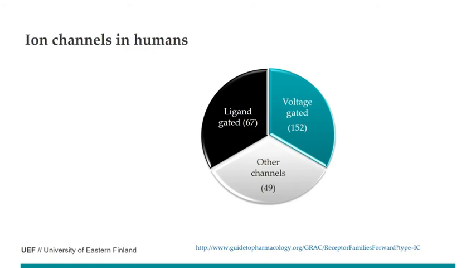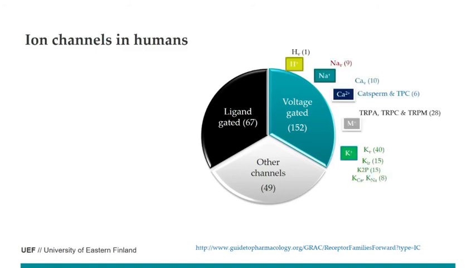So we have different kinds of ion channels. We have ligand-gated channels, voltage-gated channels, and other channels. And as you can see, there are several members in each of these. Among voltage-gated channels, we have channels that limit the pore so that only sodium can go through it. We have channels that are calcium selective, potassium selective, metal selective, proton selective.